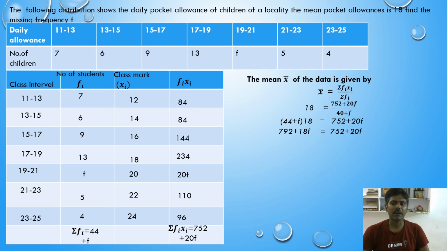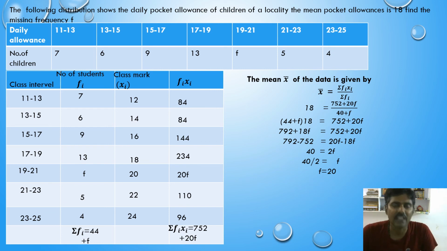By doing that multiplication, I got 792 plus 18f equals 752 plus 20f. Transposing the terms, I am left with 792 minus 752 equals 20f minus 18f, so I get 40 equals 2f, where f is equal to 20. This is the missing frequency, finding the missing frequency of the arithmetic mean when the mean is given in the direct method.